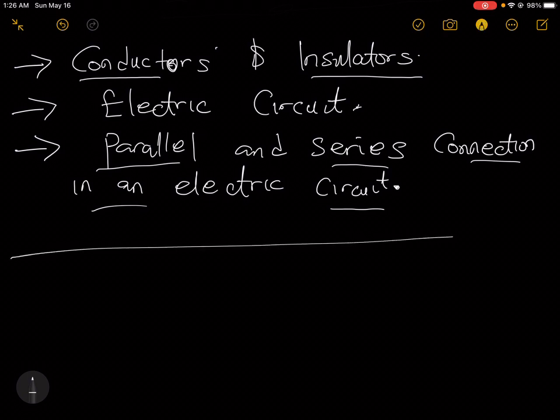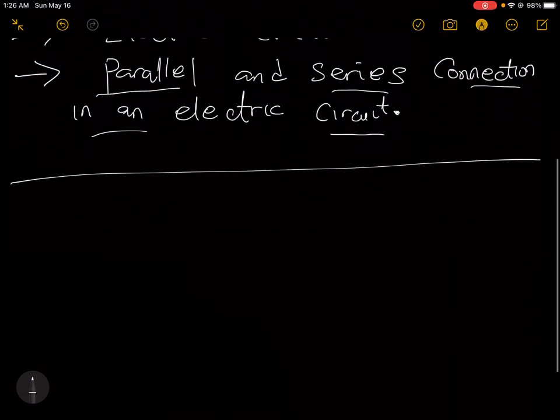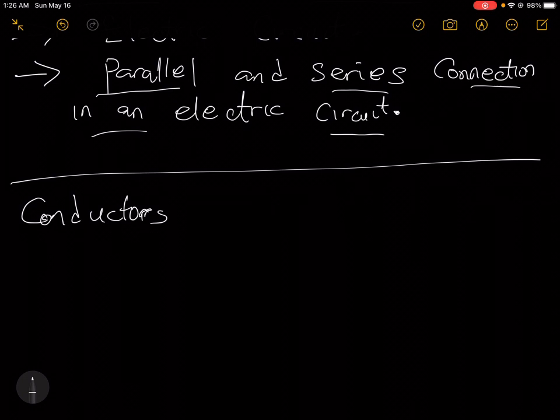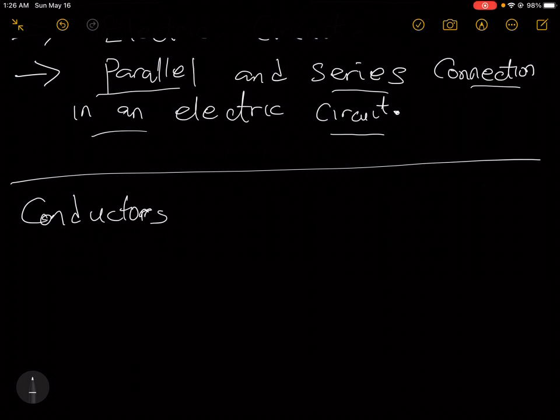We have materials that we call conductors. Without these conductors, we cannot have electric field. These conductors serve as a primary means or as a medium whereby electric forces display their phenomenon or their characteristics.